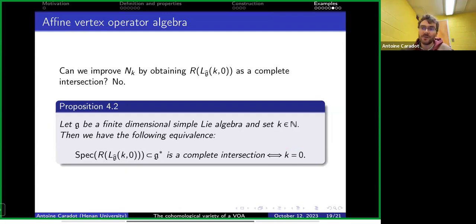So for all the other interesting cases where K is non-zero, and so you get this NK as a polynomial in K, you can never get a complete intersection. And so if you want information on this cohomological variety, you have to go through this R tilde construction where you approximate your non-complete intersection ring by something that is a complete intersection. And you cannot really improve on that.